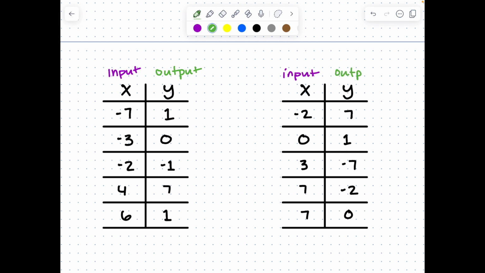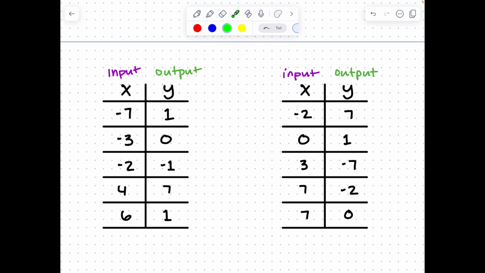And you might be asked to look at the table and decide if this relation is a function. Now, we don't know the relation rule here. I don't know how they started at -7 and got to 1 and did the same thing to get from -3 to 0. I don't know what the rule is, but I can see they started at -7 and that took them to 1. They start at -3 and it maps to 0. They start at -2, it maps to -1.